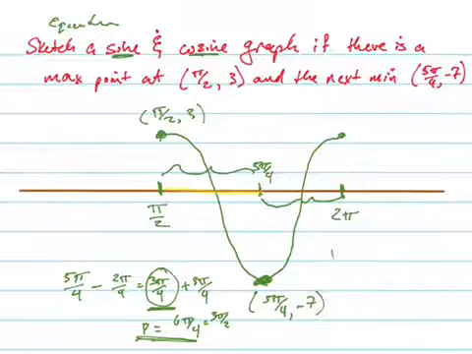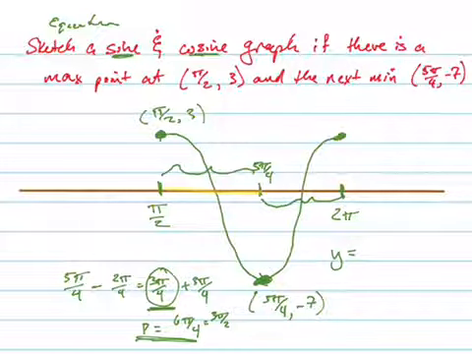So your equation is going to be y equals, now notice the cosine graph is the easiest because it's already set up for us. The next thing we have to figure out is the amplitude. We figured out all the horizontal stuff. Now we have to figure out the amplitude and the vertical shift.